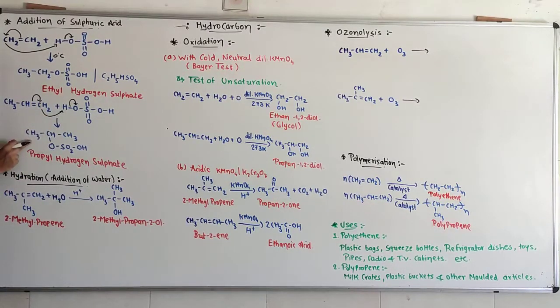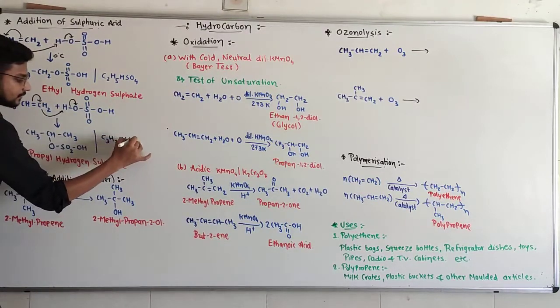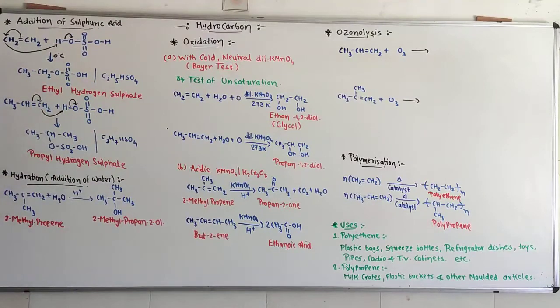So CH3, single bond CH, CH gets the negative part, so O, SO2, OH, and CH2 gets the hydrogen. So single bond CH3. Now, what will be the molecular formula? 1, 2, 3 carbons, C3H7, hydrogen sulfate.